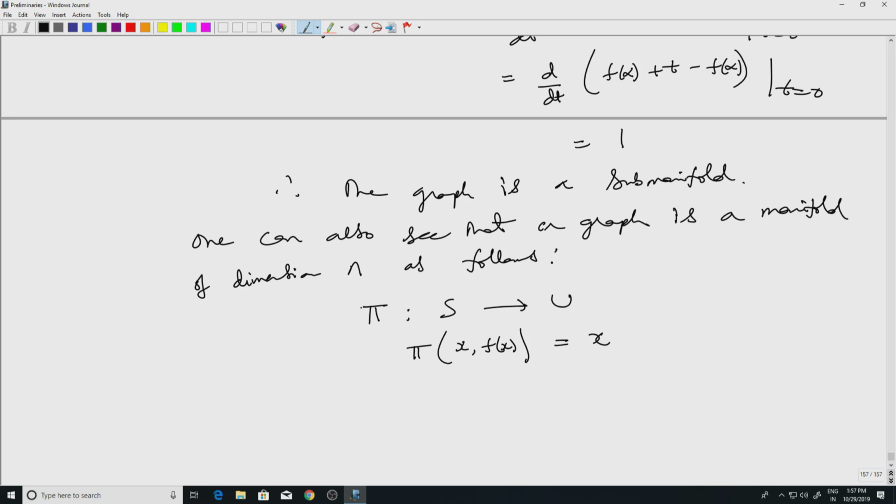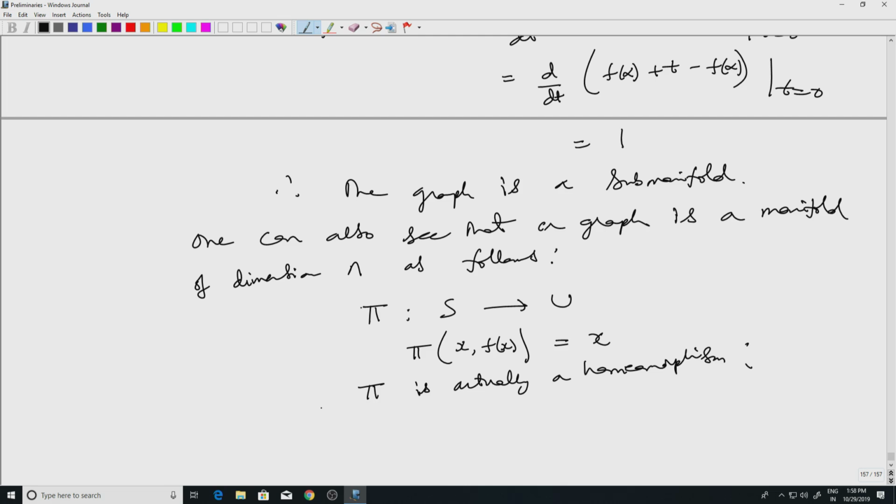So now pi is actually a homeomorphism. In other words, pi is obviously continuous and pi is bijective as well.